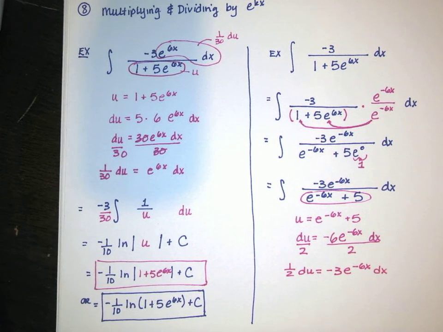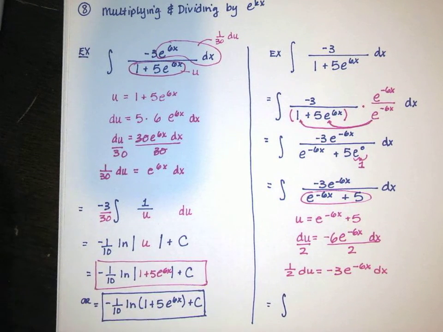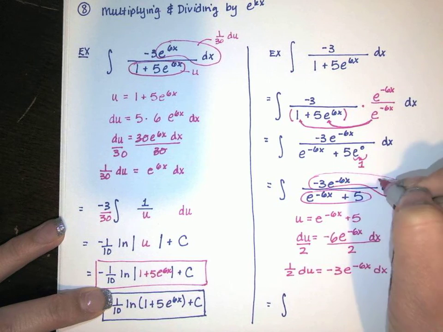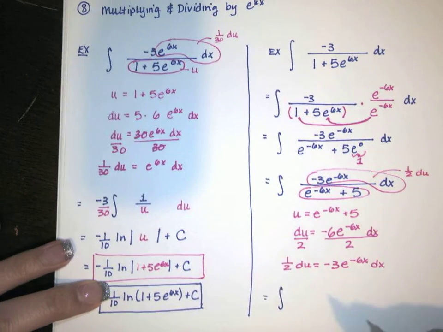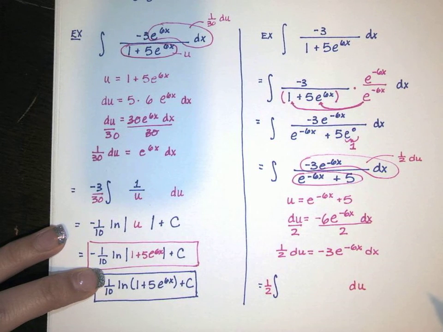All right, so now I want to write everything in terms of u. This negative 3 e to the negative 6x dx, that is 1/2 du. So I'm going to write that as a 1/2 out front and a du off to the far right.